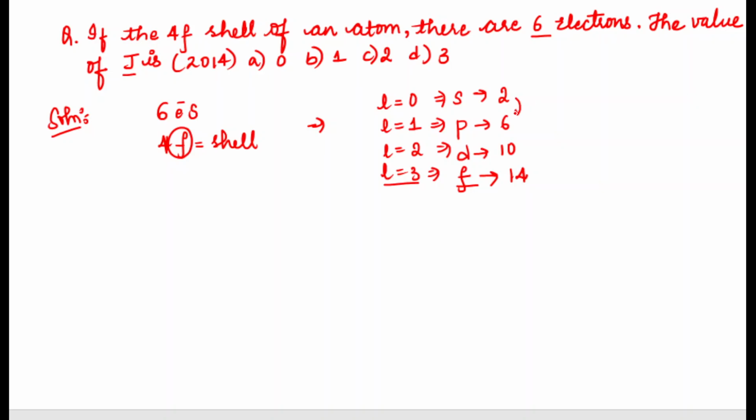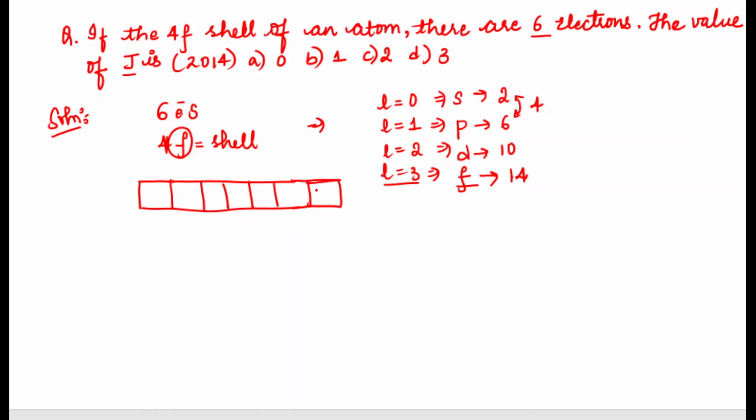So we can observe there is a difference of 4 here. So how many electrons can the F shell accommodate? 14 electrons. So I can write inside the grid like this. This is the representation of the electronic configuration of the 4f shell. 1, 2, 3, 4, 5, 6 and 7. One more I will add.